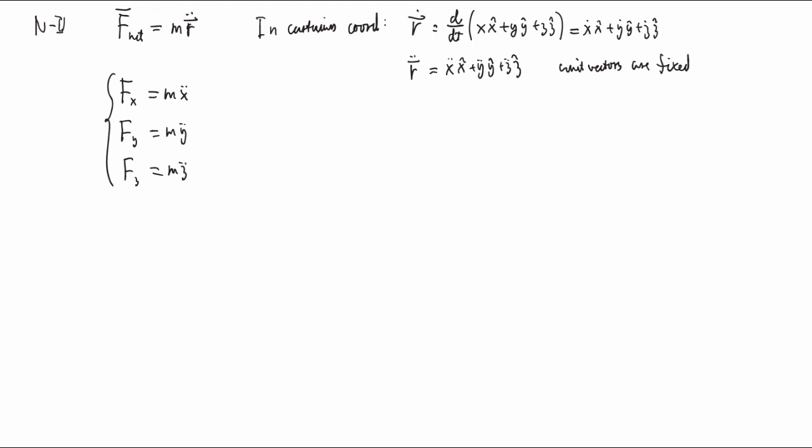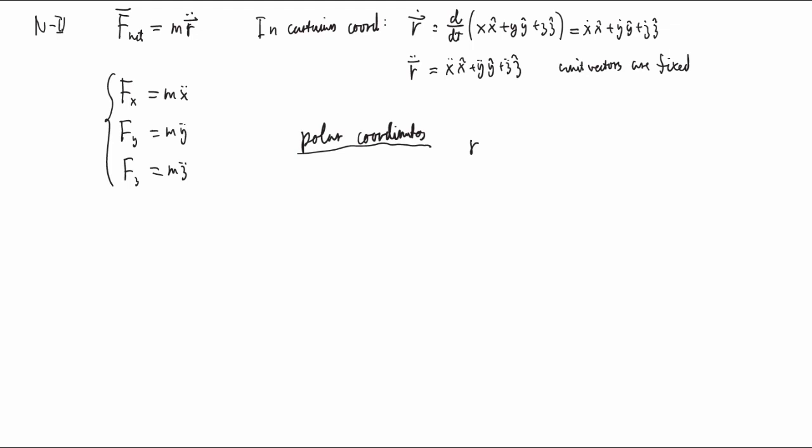But we don't always work in Cartesian coordinates. Sometimes it's much more convenient to work in curvilinear coordinate systems. So in polar coordinates, things are more complicated. I'm going to restrict myself now to planar polar coordinates because that makes things simpler.